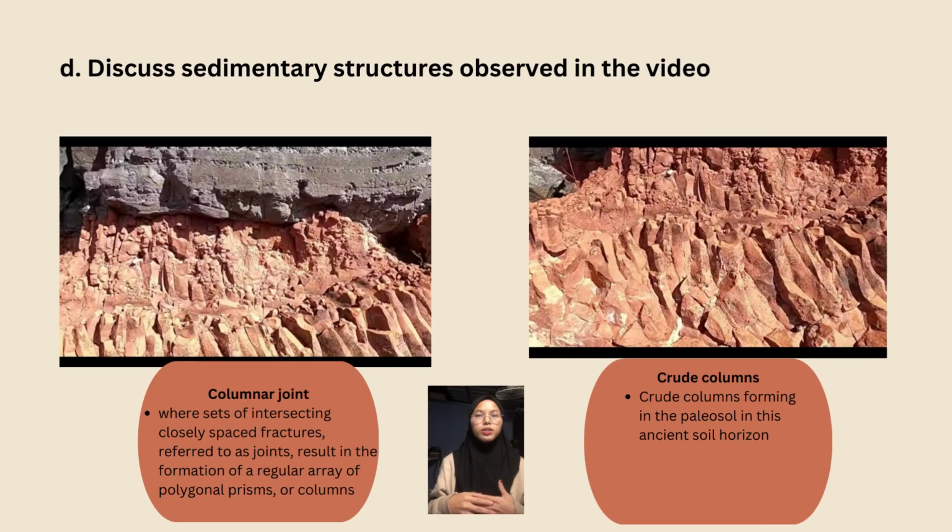First, the sedimentary structures of an individual have two. First, columnar joints. A columnar joint is a geologic structure where sets of intersecting closely spaced fractures, referred to as joints, result in the formation of a regular array of polygonal prisms or columns. Columnar joints occur in many types of igneous rock and are formed as a rock cools and contracts. They can occur in cooling lava flows and ash-flow tuff, as well as in some shallow intrusions. They also occur readily in sedimentary rock if it has been affected by nearby hot magma.